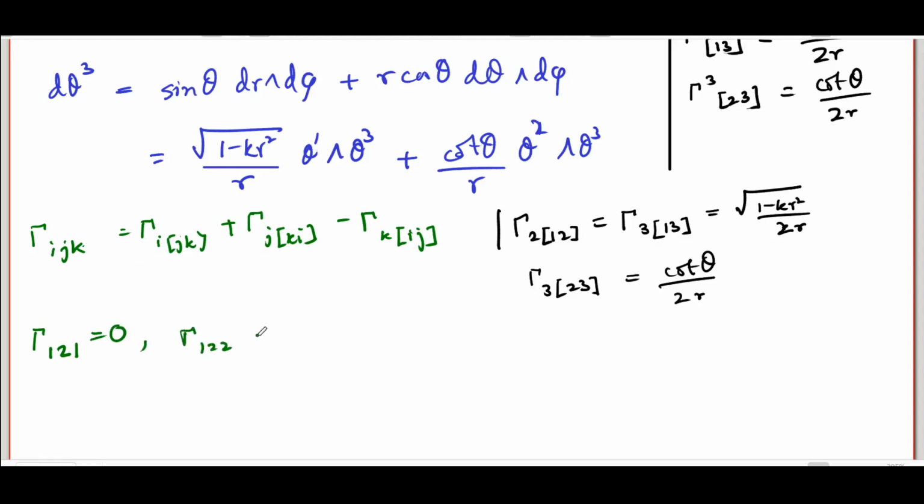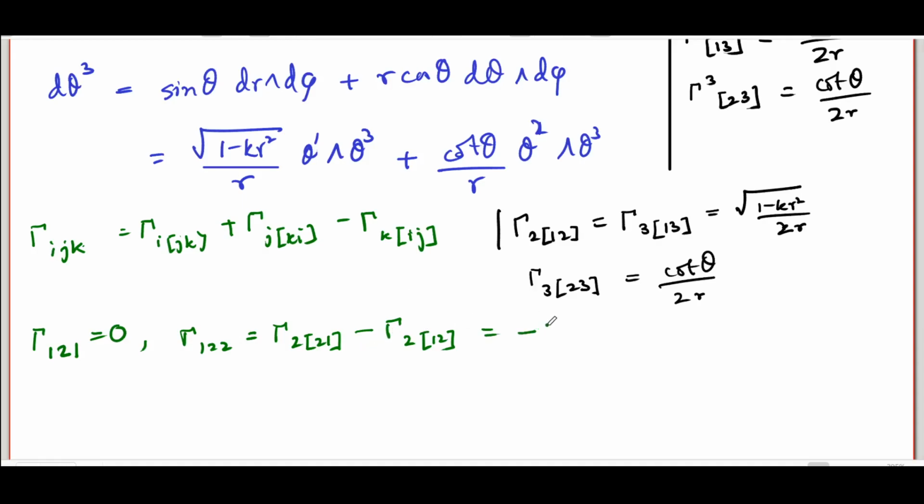Γ_122, on the other hand, has the first term Γ_1[22], which vanishes, but the second term is Γ_2[21], which is non-zero, and is a negative of whatever is written here. Then the third term is Γ_212 with a minus sign. Since these two terms are individually negatives of each other, when you subtract them you get double the term.